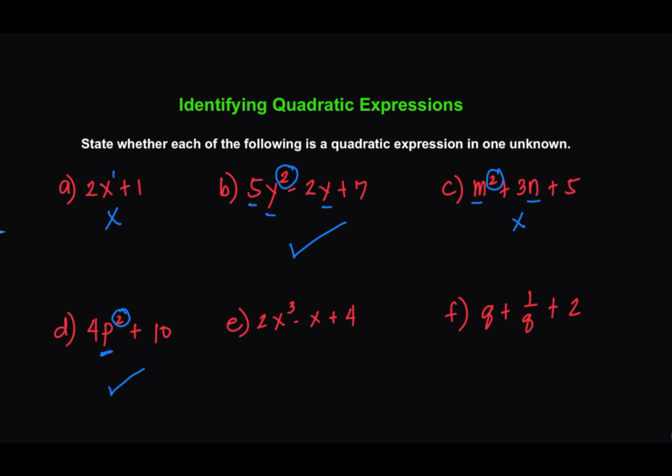Next, let's move on to letter E. So, ang highest exponent is 3. So, therefore, hindi na yan quadratic expression. Okay? Next, letter F. Q plus 1 over Q plus 2.